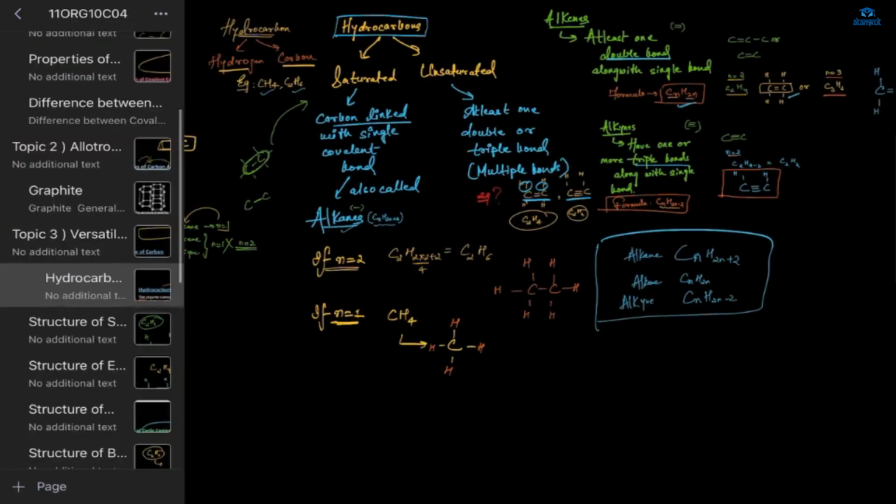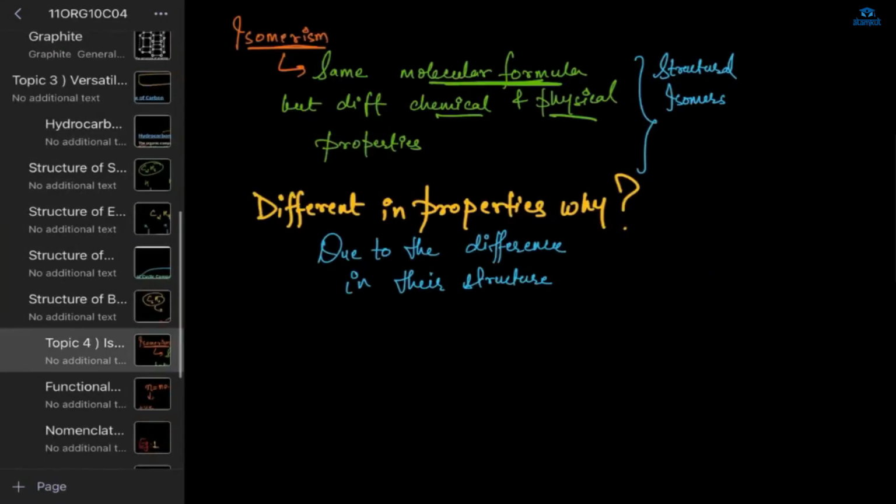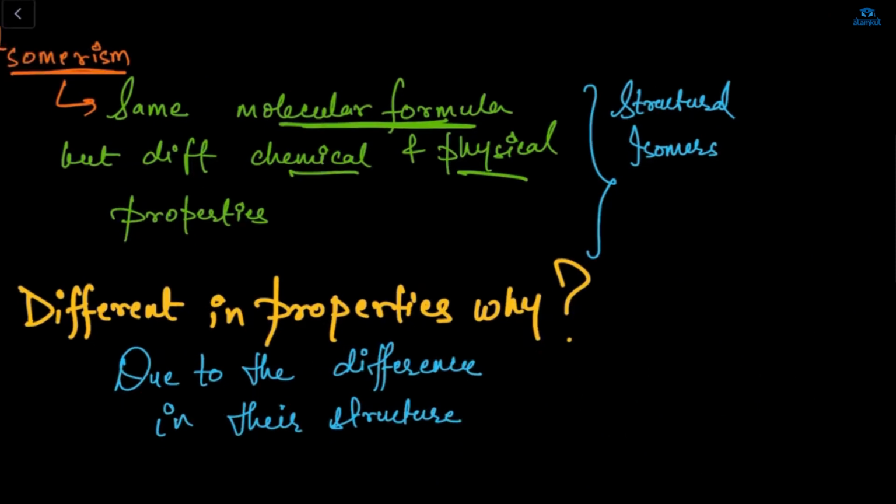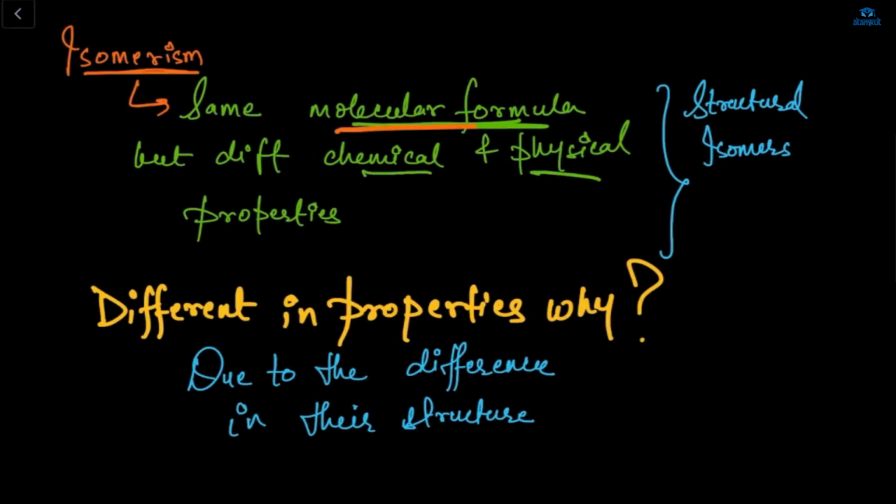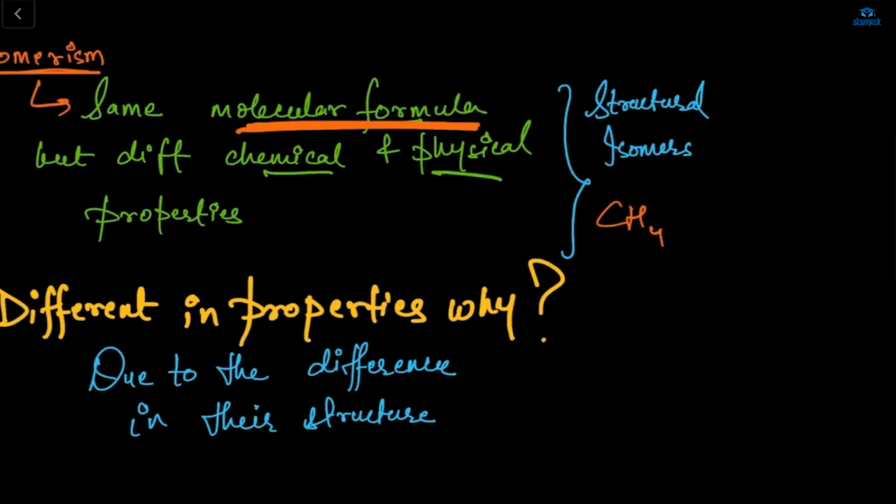Now we will discuss isomerism. What is isomerism? Isomerism means compounds that have the same molecular formula but different structures, with different chemical and physical properties.